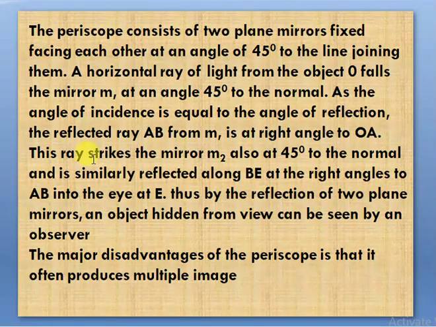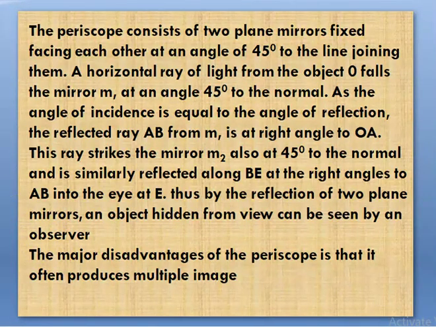Now this ray will strike the mirror M2, that is the second mirror, also at 45 degrees to the normal, and is similarly reflected along BE at the right angle to AB into the eye. Thus, by the reflection of two plane mirrors, an object hidden from view can be seen by an observer.